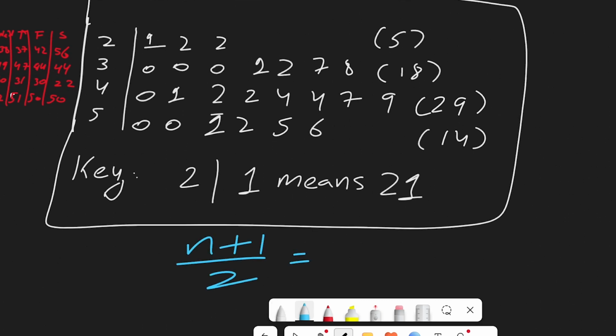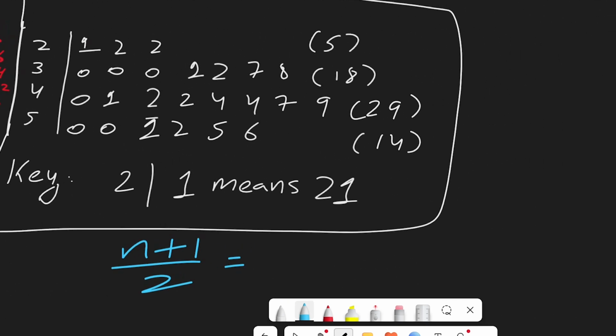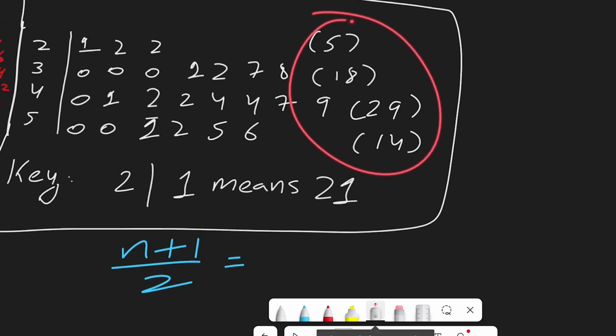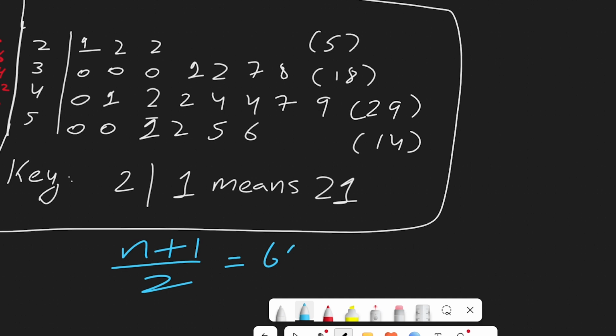To calculate n, we add all these together: 14 plus 5 is 19, 19 plus 18 is 37, then 37 plus 29 is 66. So it would be 66 plus 1 over 2, which gives us 67 over 2.